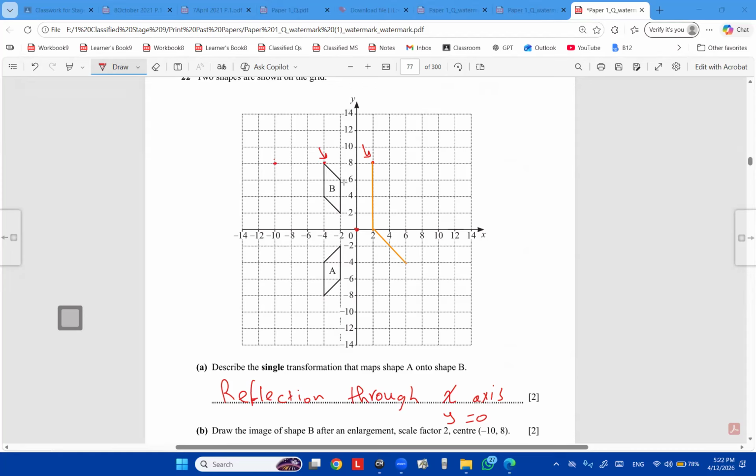And after that, instead of 2 up, I'm going to move 4 up. 1, 2, 3, 4 up. After that, diagonally, just to connect to the last point. Here you go. And this is the shape. They didn't give it a name, so you just leave it this way. Next.